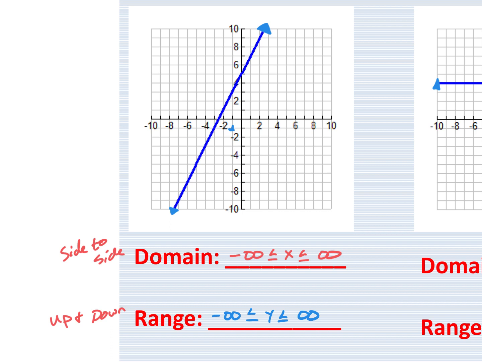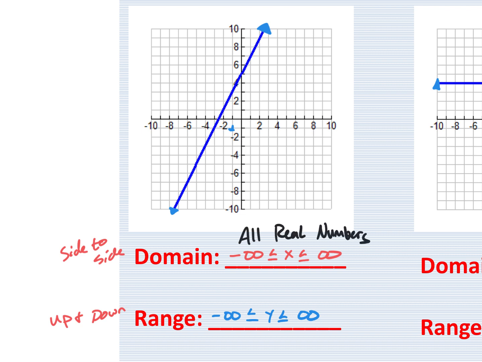If it is one of these where it's going to continue on forever and ever and ever and not touch any of the stuff, and not stop. Instead of writing it in this interval notation, I'm going to give you a phrase you can use. Are you ready? The phrase is going to be all real numbers.